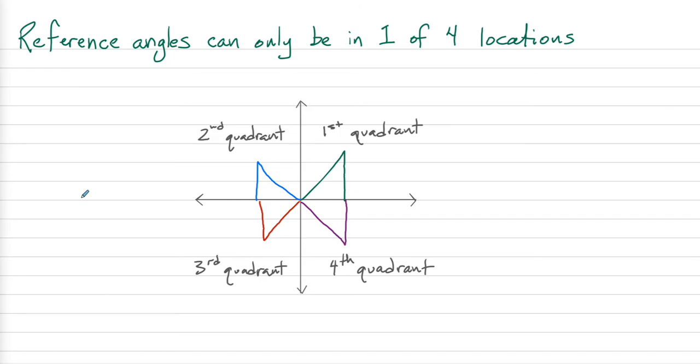If it's in quadrant 2, you would go straight down to the x-axis. Quadrant 3 goes straight up to the x-axis. Quadrant 4, straight up. So in my mind, I know that reference triangles, reference angles make up this bow tie picture. And so when I am drawing them, I know it has to be one of those 4 corners.